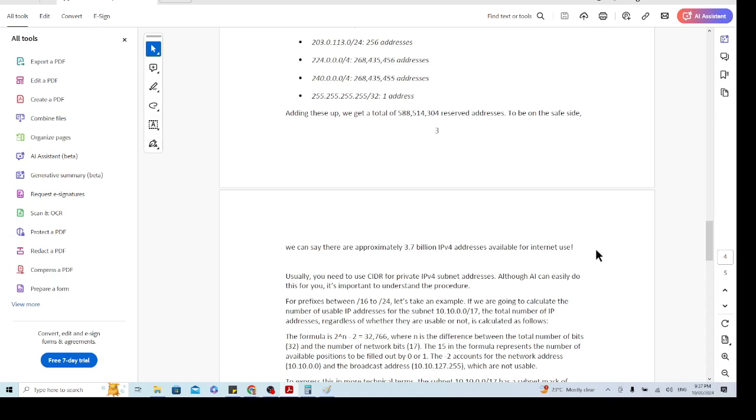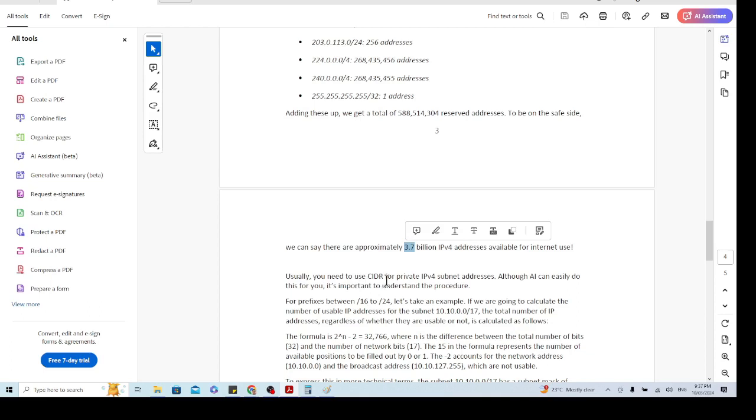Many of them are already reserved, as you have seen, and this 3.7 does not exclude the already bought internet IP addresses, because many of these internet IP addresses have already been sold, so it includes them as well.